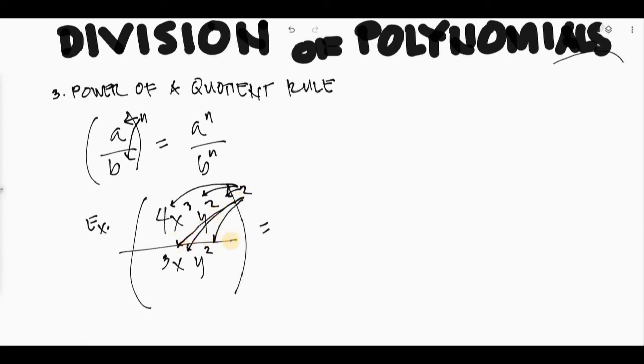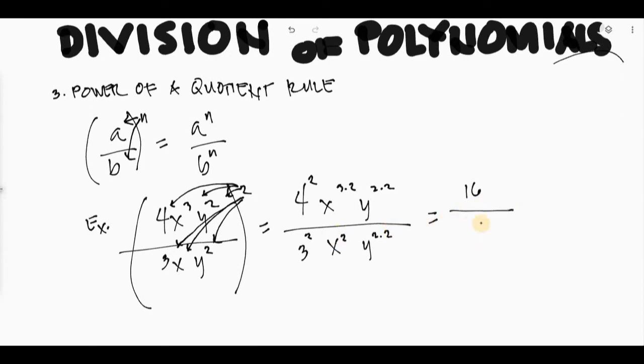So it becomes 4 squared x cubed times 2, y squared times 2. At the bottom, you have 3 squared, x squared, then y squared times 2. So 4 squared is 16, and 3 squared is 9.